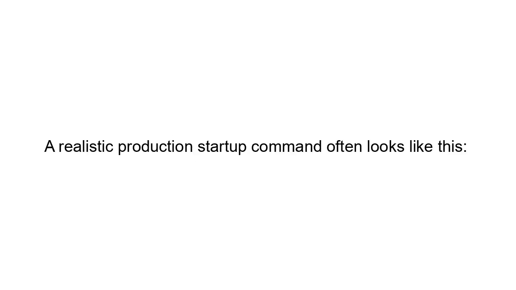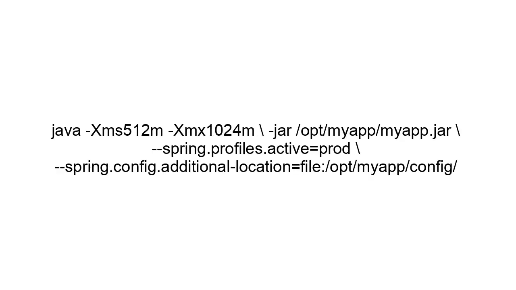Step 11. Typical production command. A realistic production startup command often looks like this: java -Xms512m -Xmx1024m -jar /opt/myapp/myapp.jar --spring.profiles.active=prod --spring.config.additional-location=file:/opt/myapp/config/.